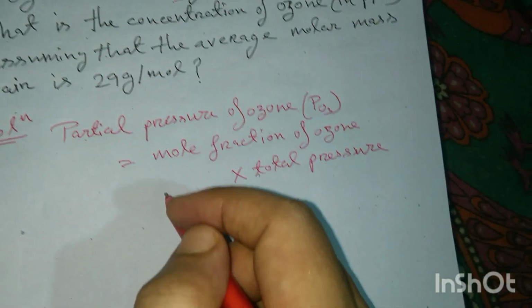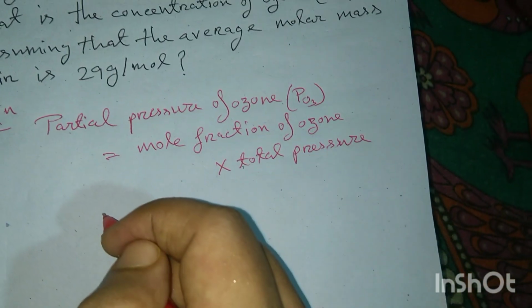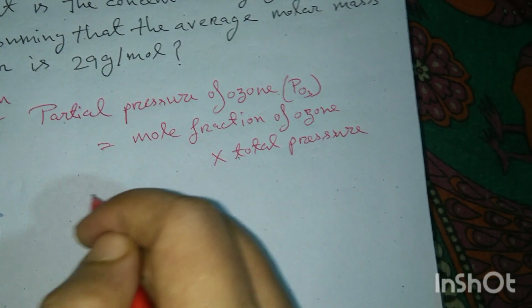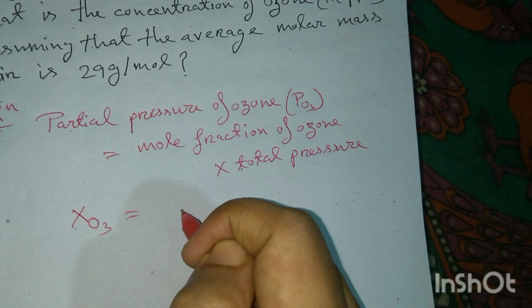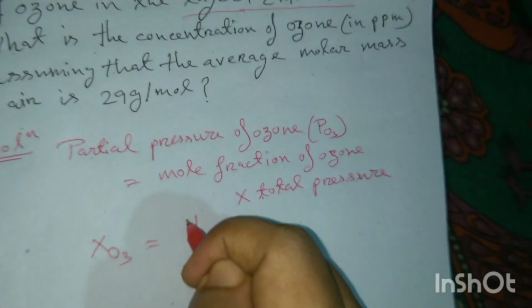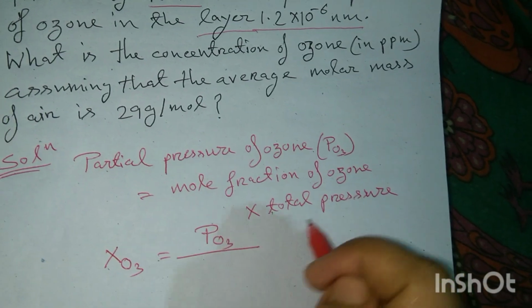So mole fraction means XO3 equals partial pressure PO3 divided by total pressure.